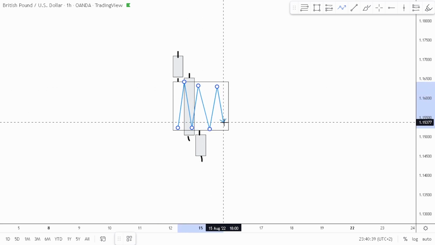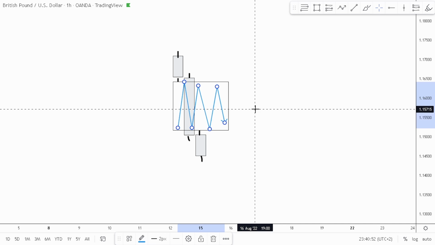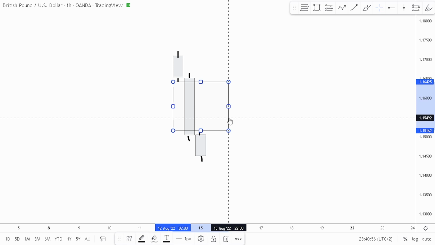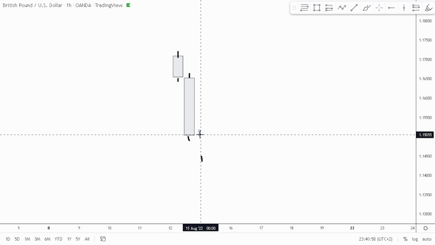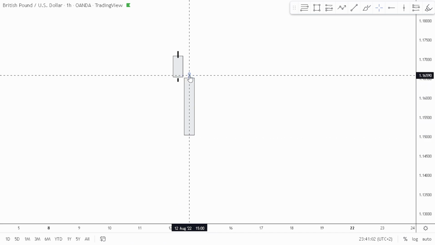Basically, there are more sellers than buyers, and according to the market, that is imbalance, and the market has to come back and balance out the amount of sellers and buyers at a certain level of price. So that is imbalance.